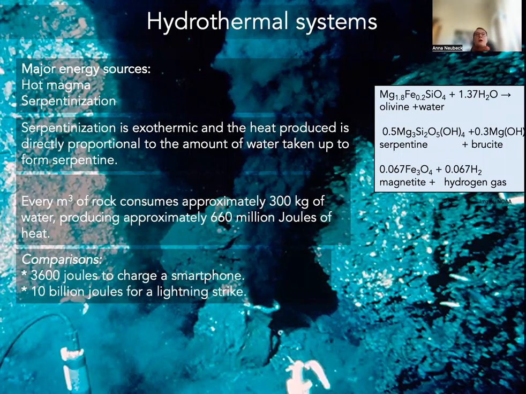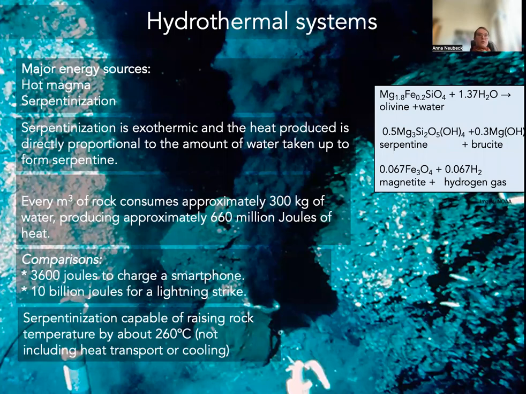So a cubic meter of olivine rock that is altered by water is producing quite a lot of energy and quite a lot of heat. And if one looks at the actual amount of heat that is produced, serpentinization is capable of raising rock temperature to about 260 degrees Celsius.